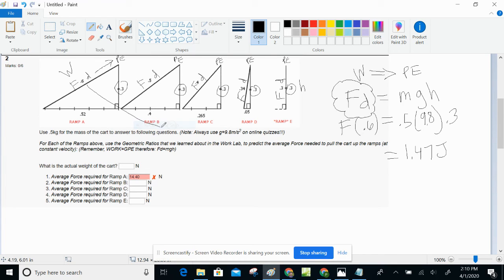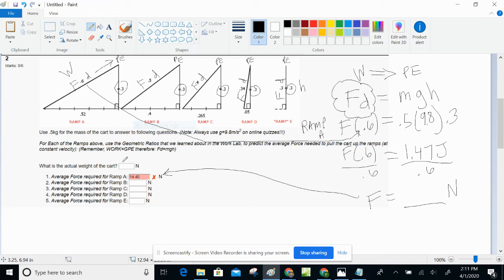That's the 0.6 right there for ramp A. This is ramp A. And so if we put that in there, we get F equals 0.6, and we divide each side by 0.6. And you'll get F equals whatever this is in newtons. And that will be the first answer.